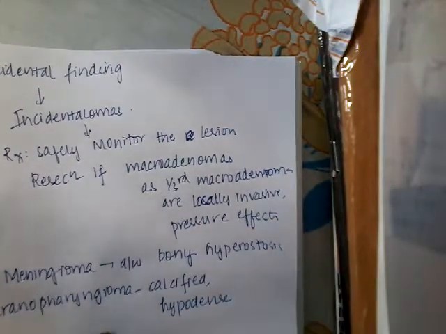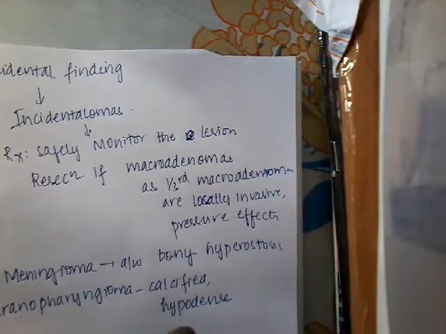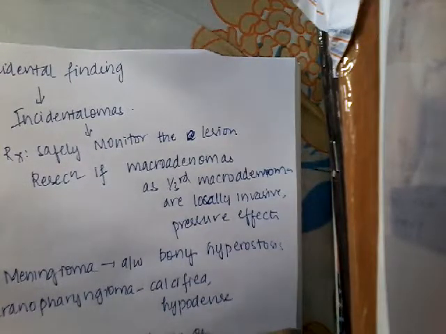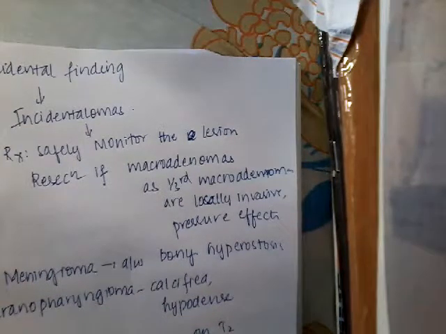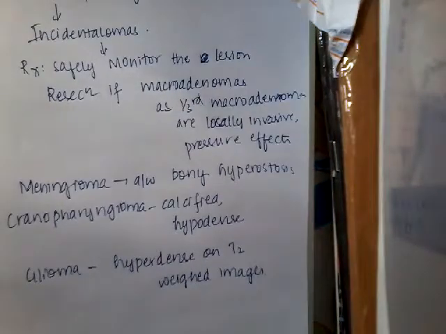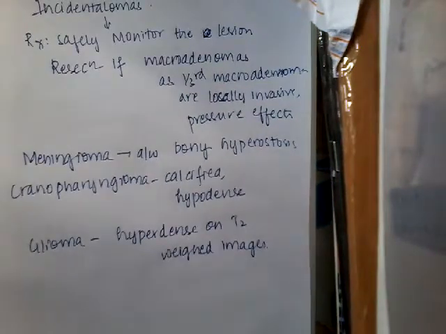And then gliomas, these are hyperdense on T2 weight imaging. Okay, so these are the different things which you have to see on MRI.